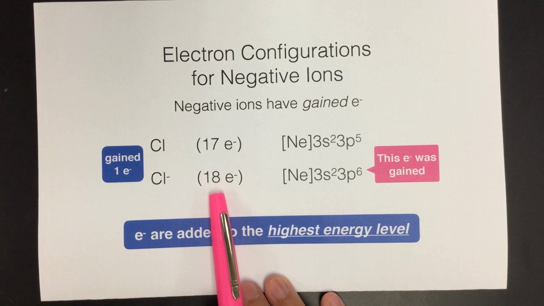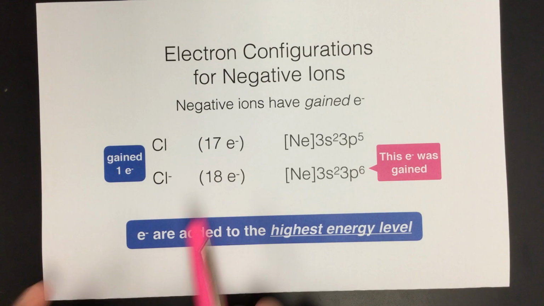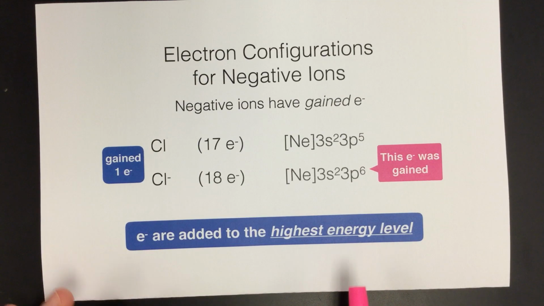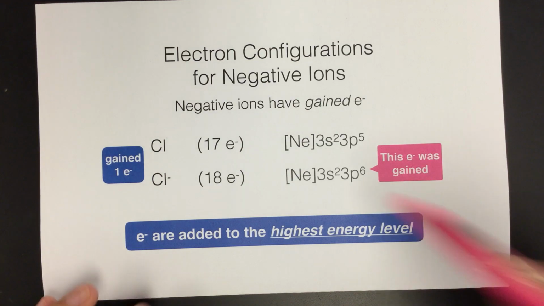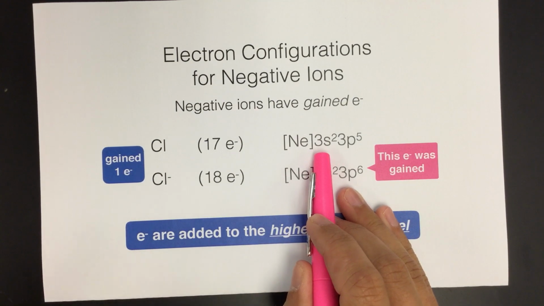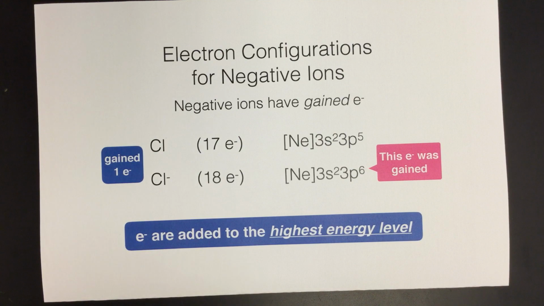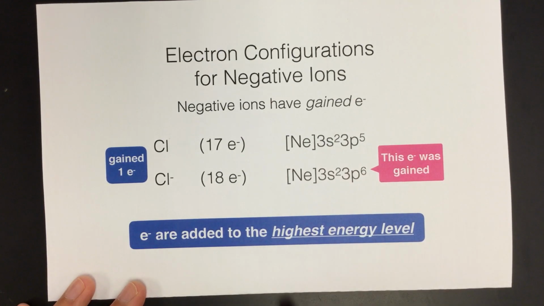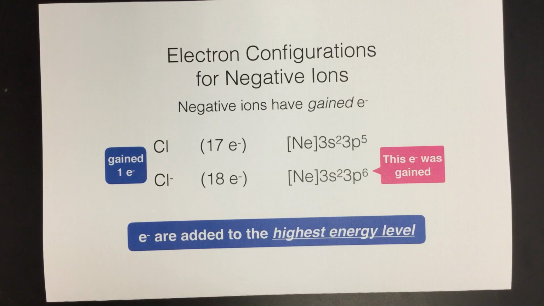And so what we do for the electron configuration is we add an electron to the highest energy level, right? So that's according to our electron filling rules. The electrons will always get added in the top right because all the bottom ones are already full if we've used the rules correctly. So the only space available is at the highest energy level that was already being filled.